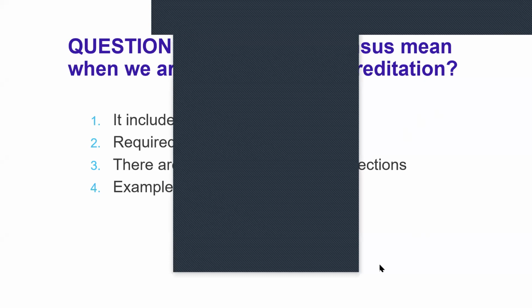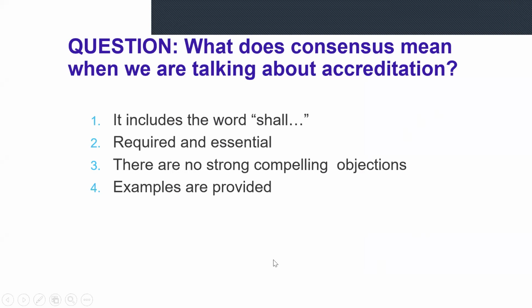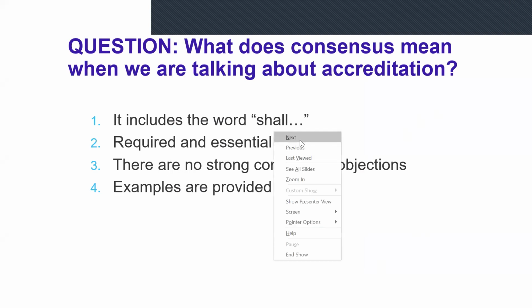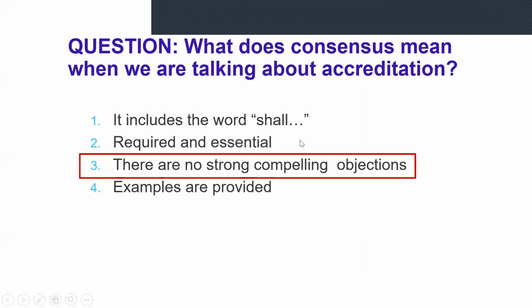Okay, so actually the correct answer is there are no strong, compelling objections. Okay, and I think it's interesting to think about it this way, and let me tell you why. I think if you think about it, when you're in a consensus, if everybody thought the same way, well, then we would not need a consensus, because we already all think the same way.